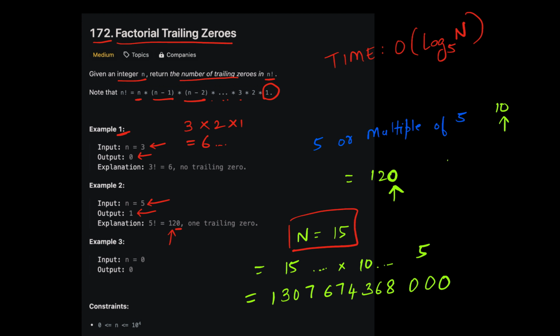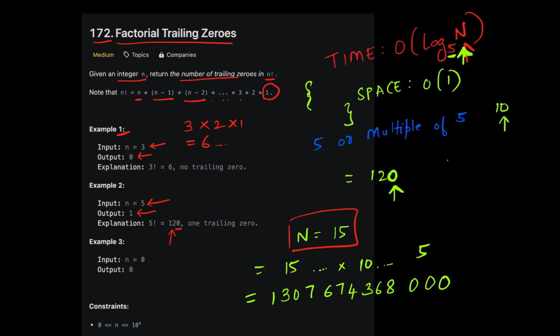This is because we'll be running a while loop until n is divisible by 5, so we may need to run the loop multiple times if n is a multiple of 5, like 25 or 125. And the space complexity is going to be O of 1, as we are only using one variable to record the total number of trailing zeros and updating the value of n after dividing it by 5. I hope you were able to understand the explanation.